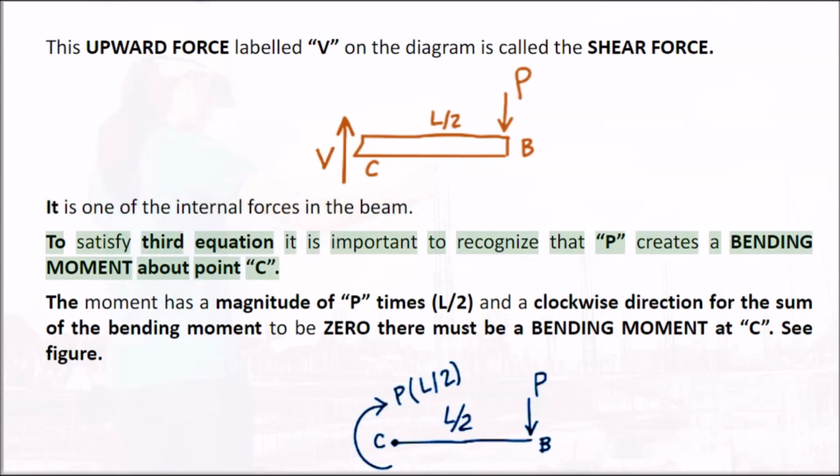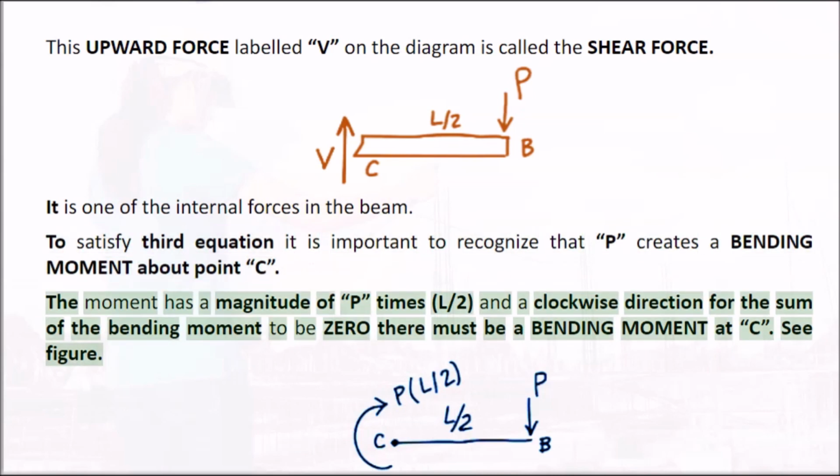To satisfy the third equation, it is important to recognize that P creates a bending moment about point C. The moment has a magnitude of P times L/2, and a clockwise direction. For the sum of the bending moments to be 0, there must be a bending moment at C. See figure.